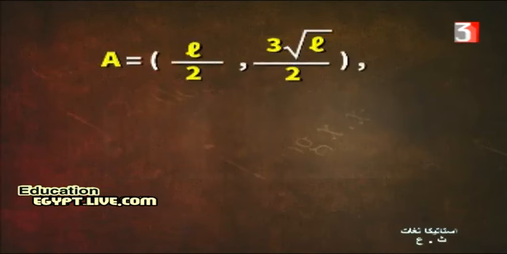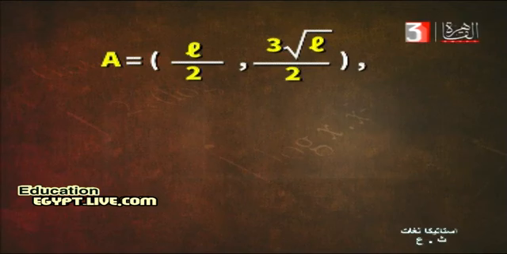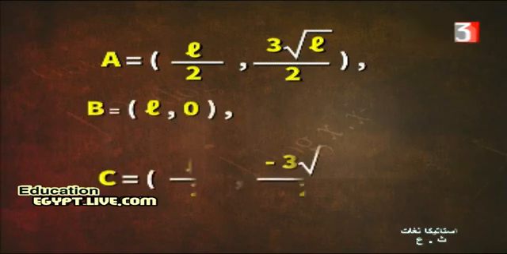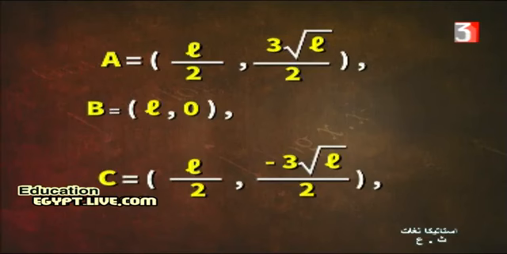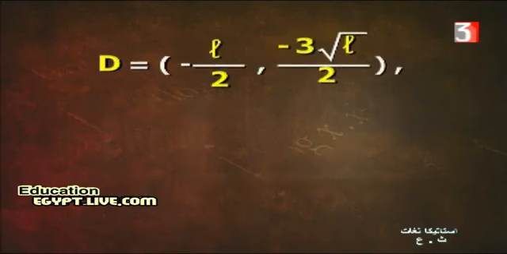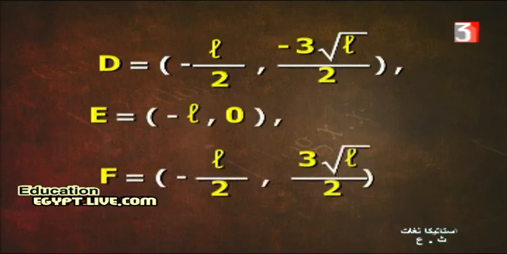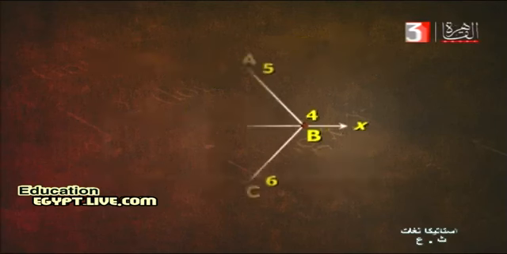A has coordinates L over 2, root 3 L over 2; B is L, 0; C is L over 2, negative root 3 L over 2; D is negative L over 2, negative root 3 L over 2; E is negative L, 0; F is negative L over 2, root 3 L over 2.